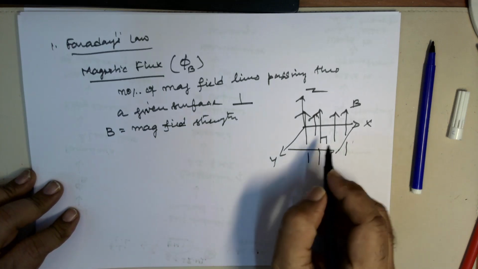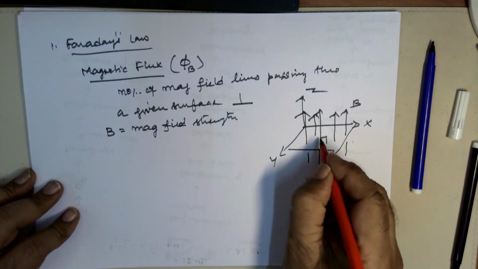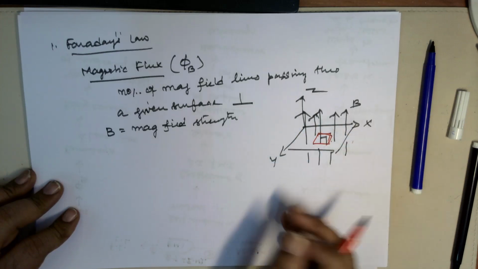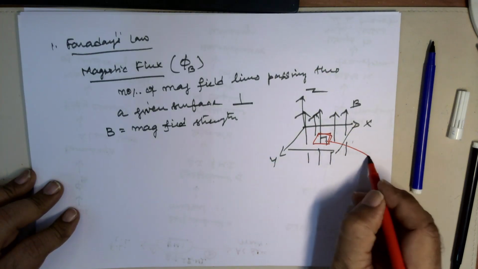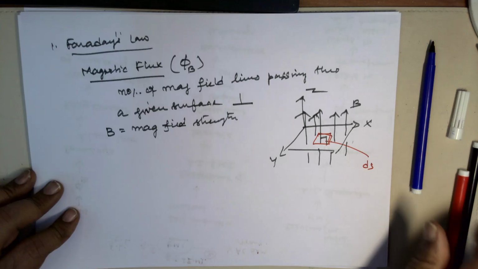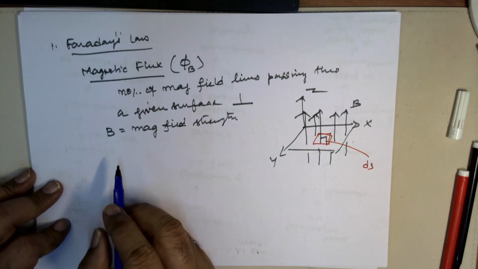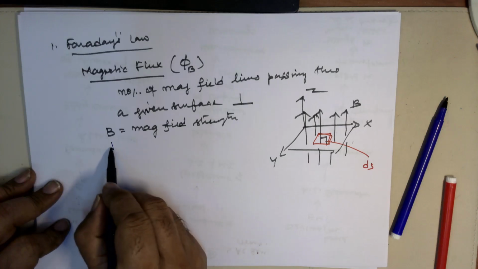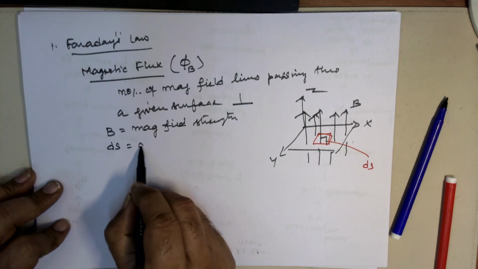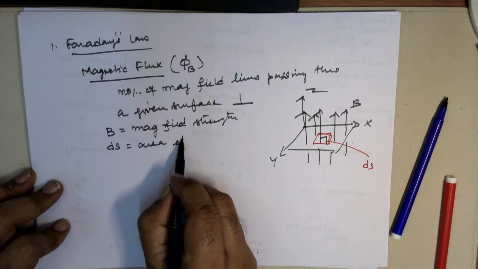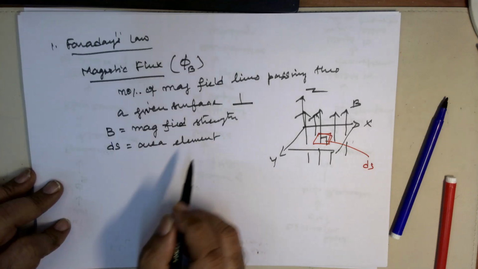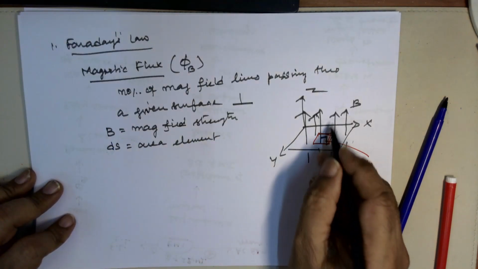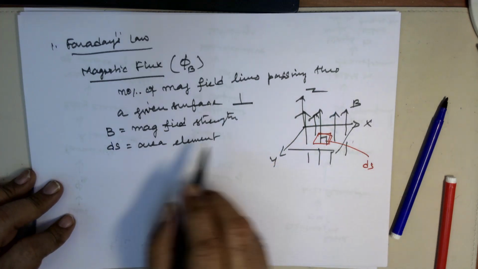And let me discuss. I am taking a very small area like this. So this can be called dS, a very small area, the area element. So what is dS? dS is the area element, small area. So in that small area, how many field lines are passing?